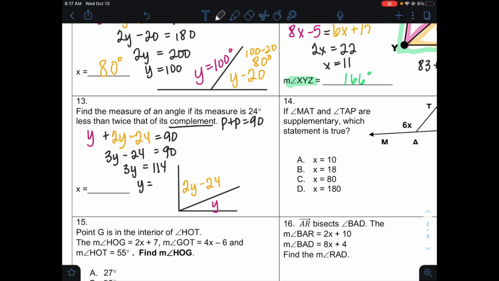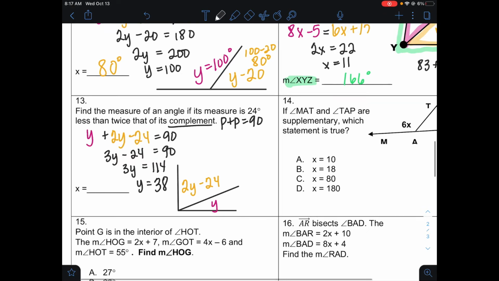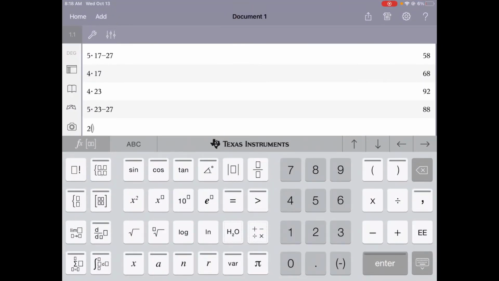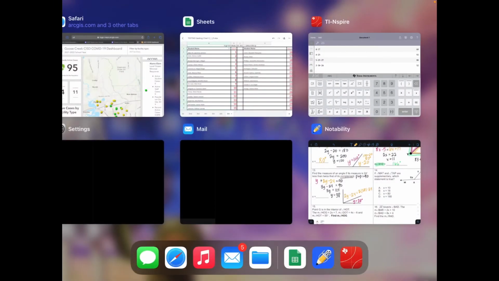And divide both sides by 3. We get 38. So y is 38 degrees. So this one's going to be 38 degrees. And then this yellow one over here, that's going to be 2 times 38 minus 24. 52.